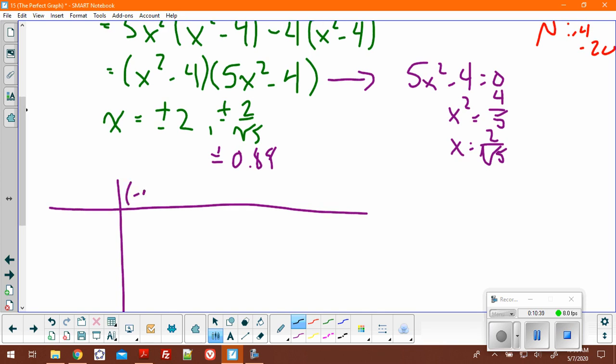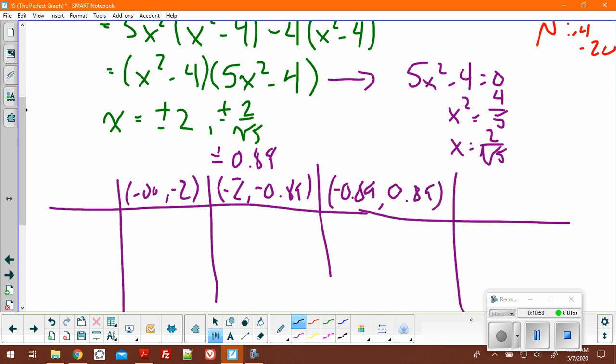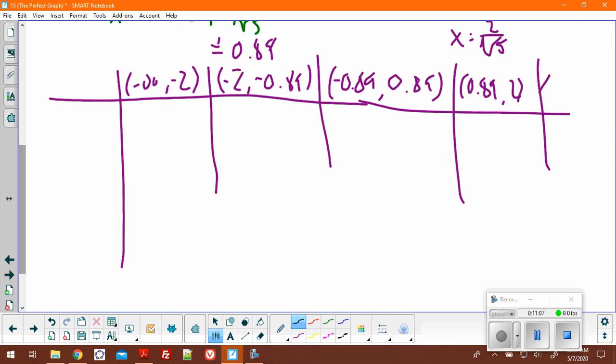So I have from negative infinity to negative 2, from negative 2 to negative 0.89, from negative 0.89 to positive 0.89, from 0.89 to 2, and finally from 2 to infinity.